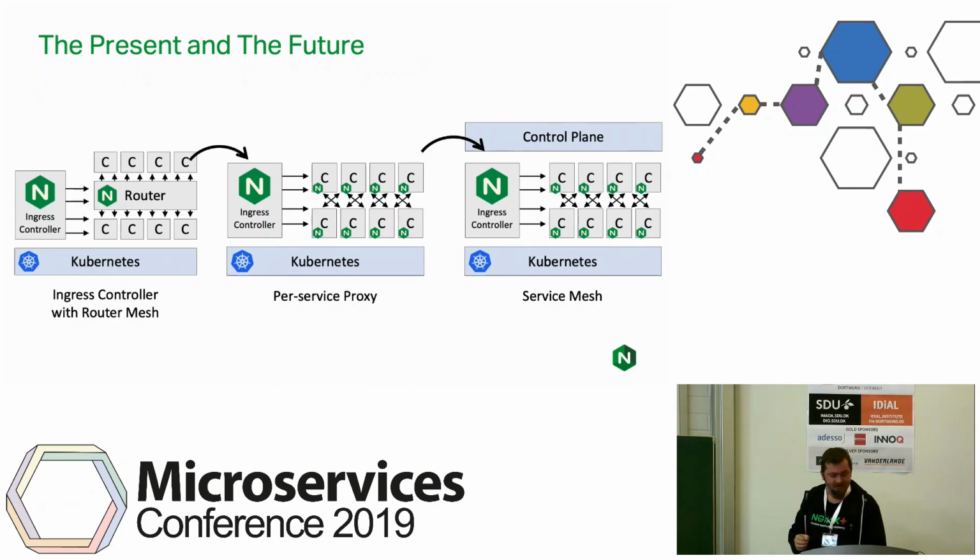So, the router mesh. We do the same as in the proxy model. We have an ingress controller at the perimeter of your microservices architecture, but we also add a router in the midst of your containers. So instead of the containers communicating directly with each other, they will communicate through the router. What benefits do I get from that?